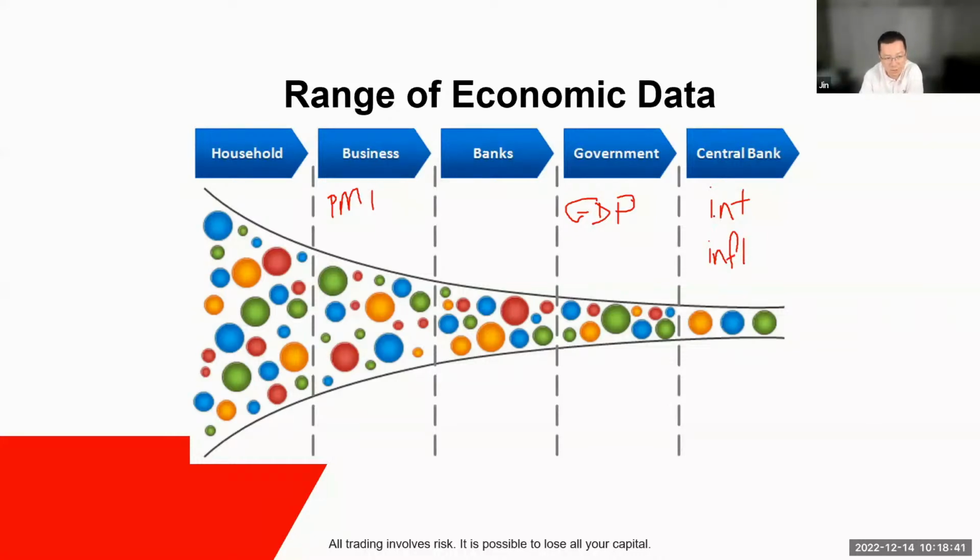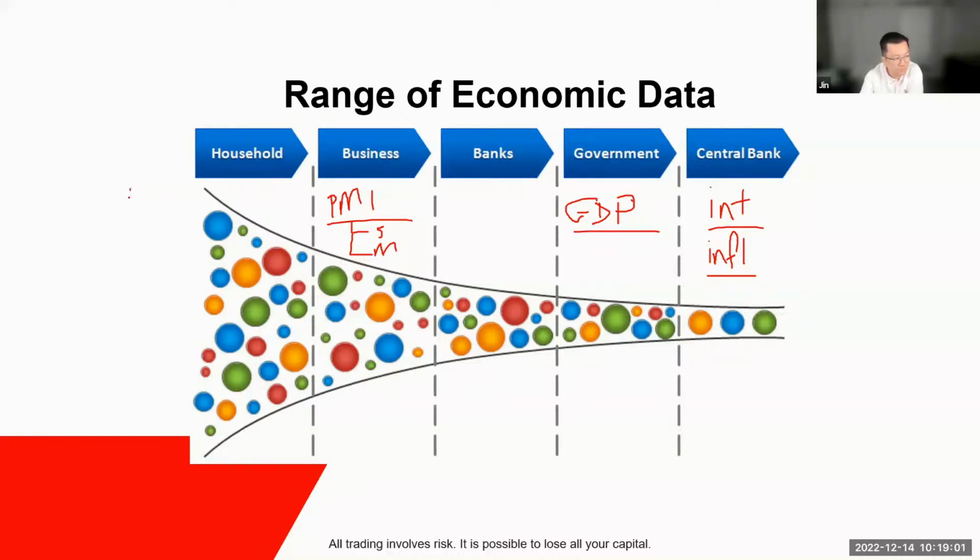So you pay attention to interest rates and inflation data from the central banks. The government will pay attention to the GDP numbers. Business will be the PMI numbers to be released. For PMI, we have services and manufacturing, right?